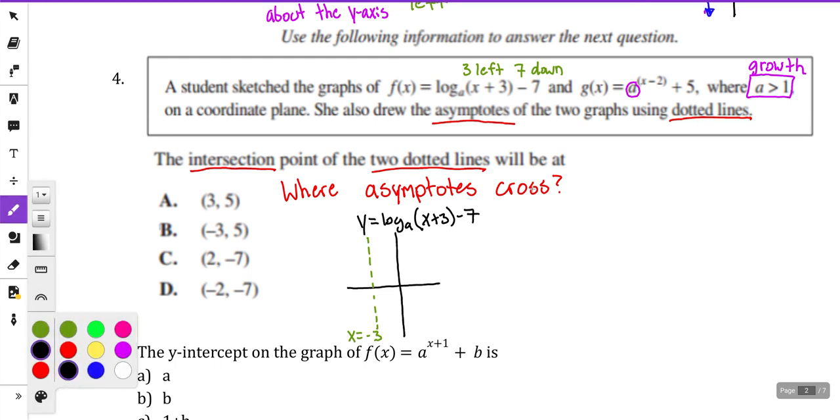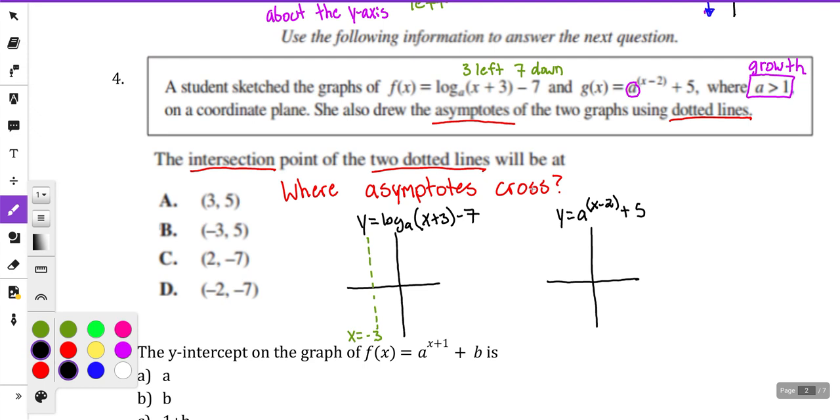The second graph, y equals a to the power of x minus 2, plus 5. That is an exponential function. That means the asymptote started on the x-axis, right?